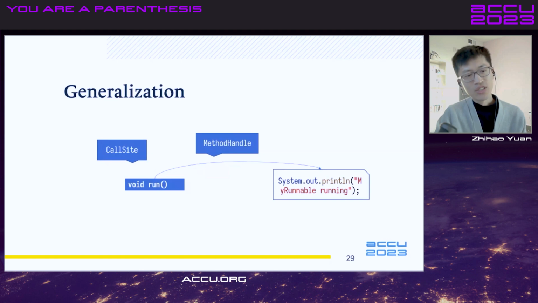And then the object that carries a method handle, which allows you to call it, is called a call site. Again, this is a single type with a runtime type, and the JDK will generate that for you. So you may have heard of invokedynamic, which a call site uses to invoke a method handle.